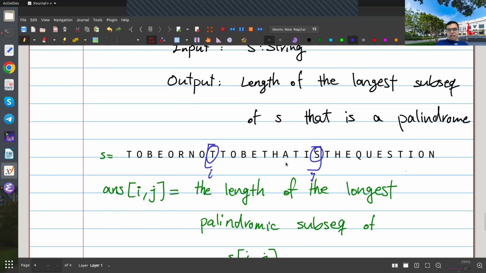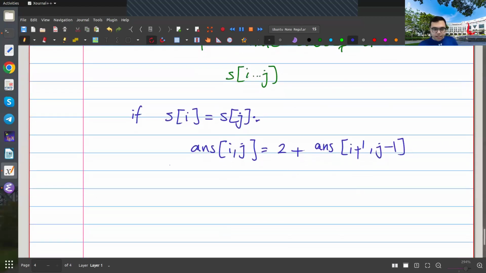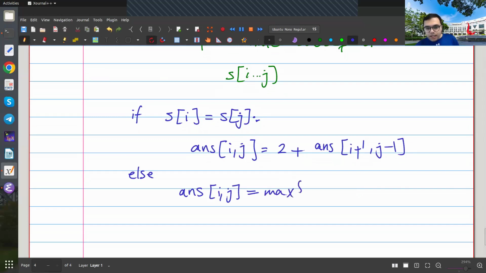And because I cannot have both of them, I can have at most one of them. So I can again say that my answer I J is going to be the maximum of the 2 cases. The first case is the case where I don't have I, so the answer from I plus 1 to J. And the second case is where I don't have character J, so the answer from I to J minus 1.